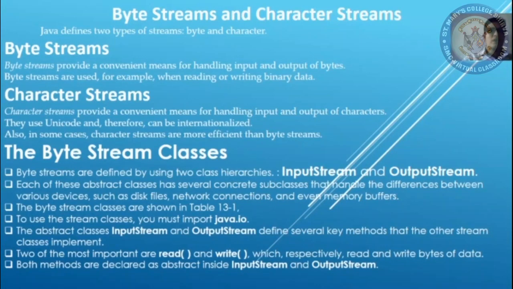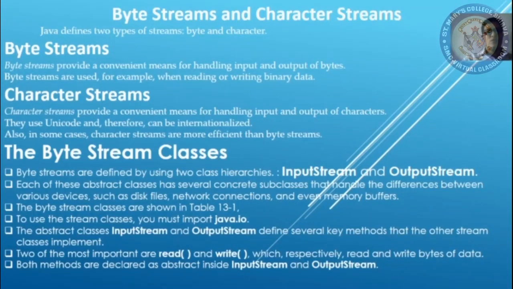And next one is the character streams. By using these character streams, you are handling the input and output in the form of characters. They use Unicode and therefore can be internationalized. As we know, ASCII supports only 256 characters, but Unicode supports 65,536 characters.